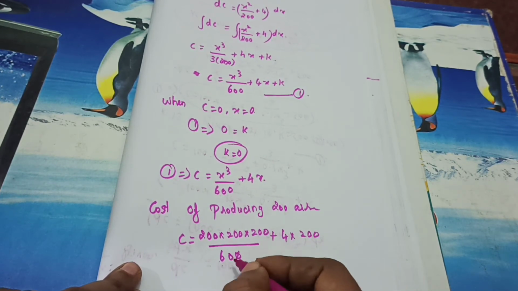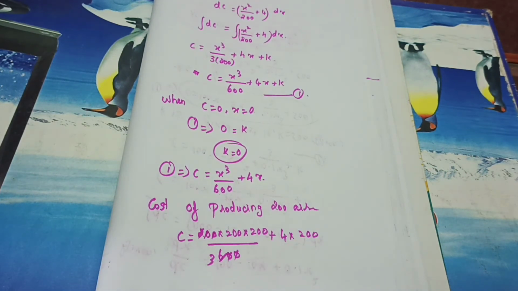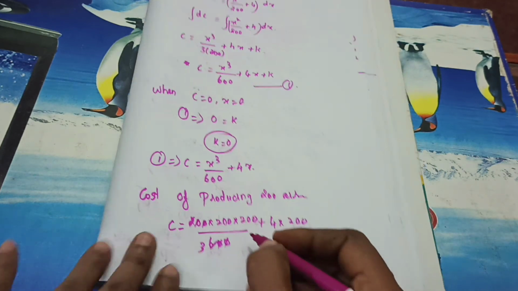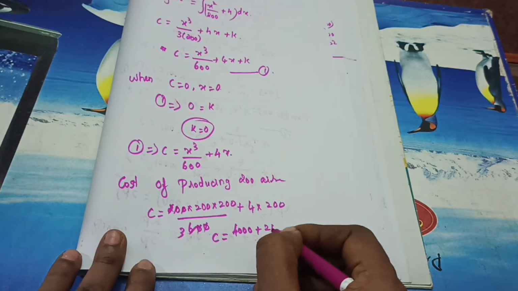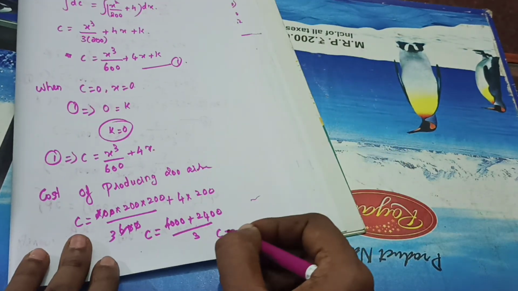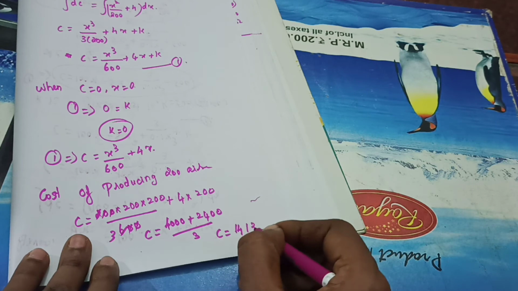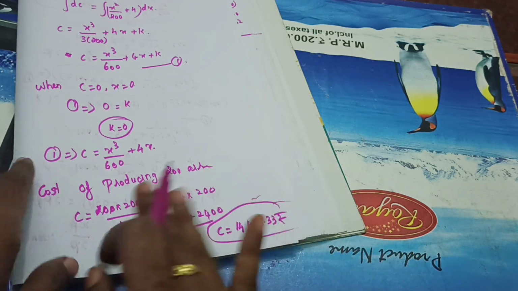Now you simplify. This will get cancelled, this will get cancelled. So C is equal to 4000 plus 2400 divided by 3. If you find out the answer, you will get C equal to 14133.33 rupees. Check it by using the calculator.